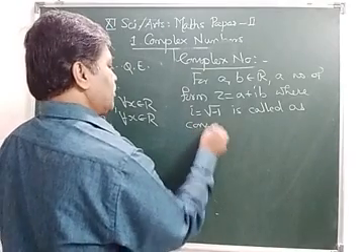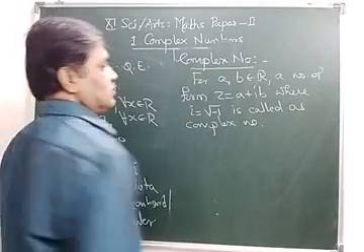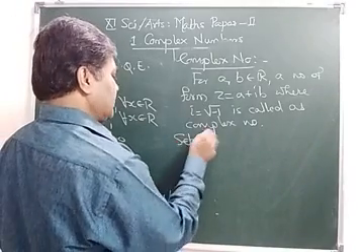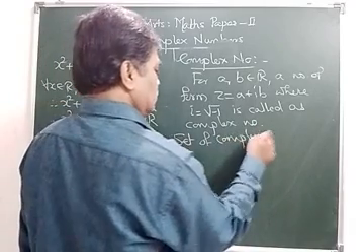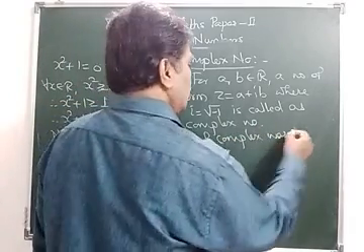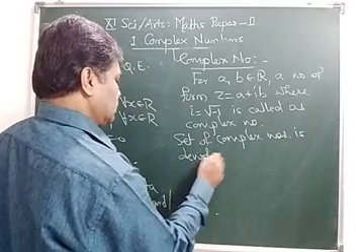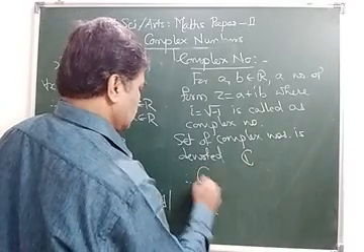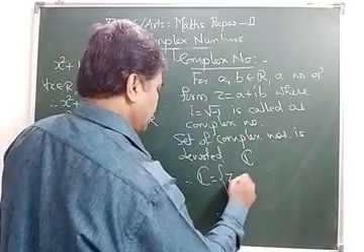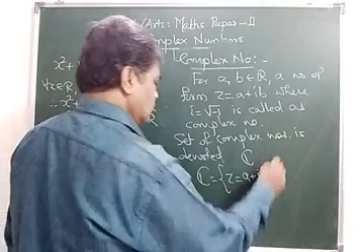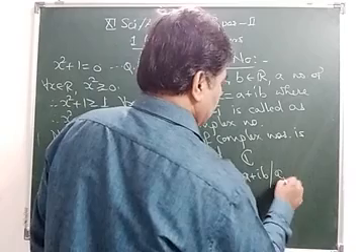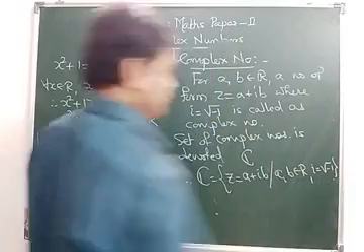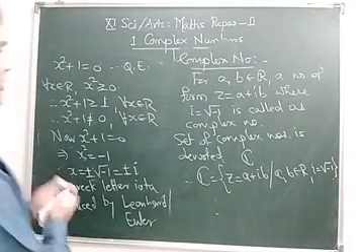The set of all complex numbers is denoted by C, the first letter of complex. Therefore, the set C is the set of numbers of the type a plus ib, where a and b are real numbers and iota is equal to square root of minus 1.